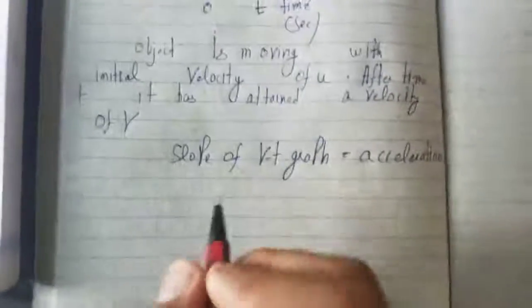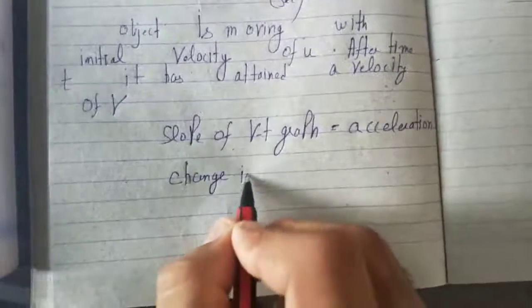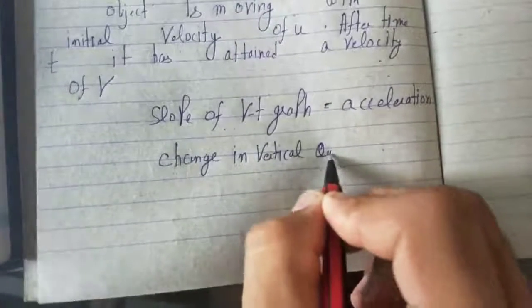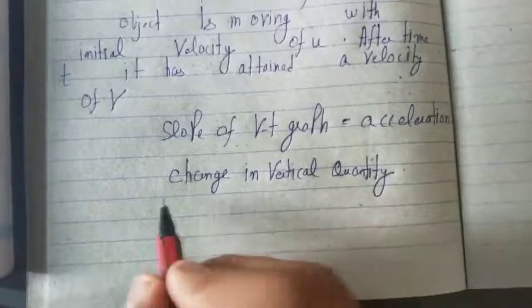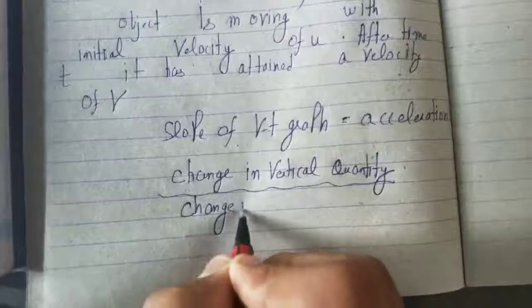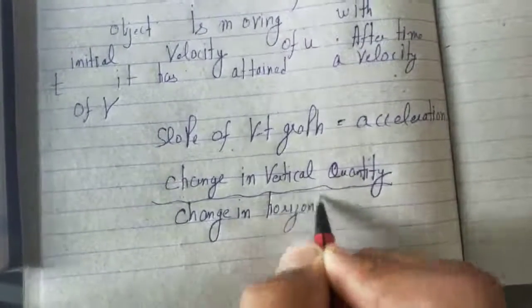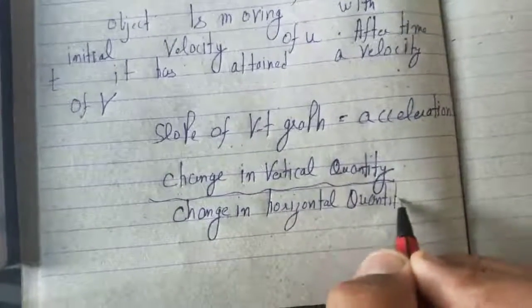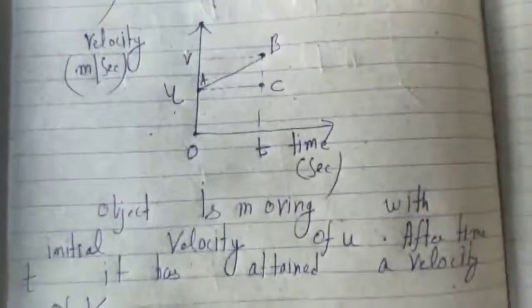Slope means change in vertical quantity upon change in horizontal quantity, is equal to acceleration.